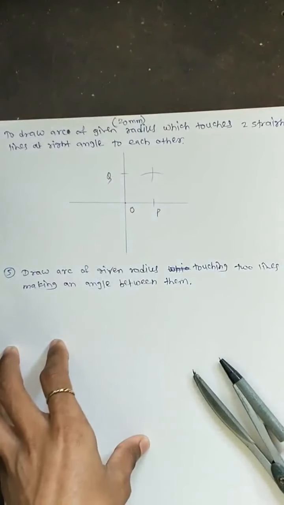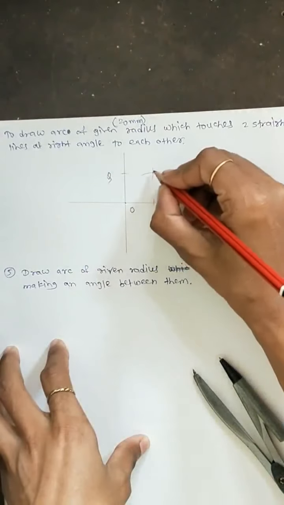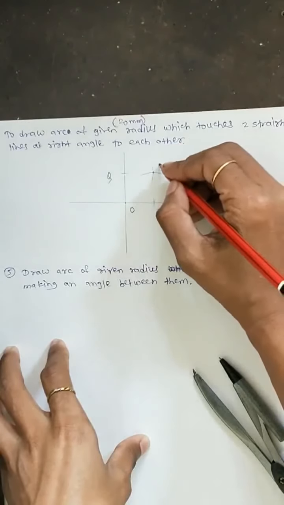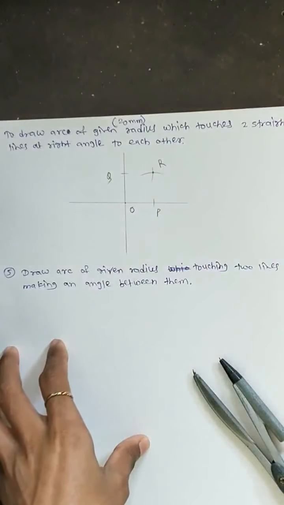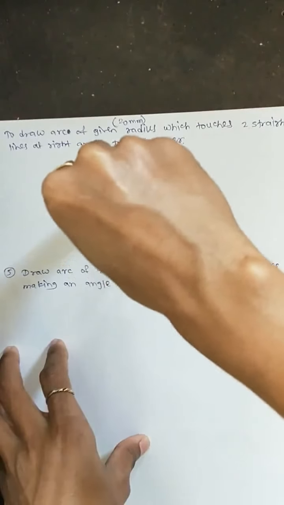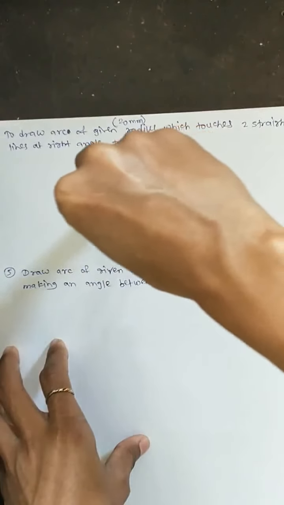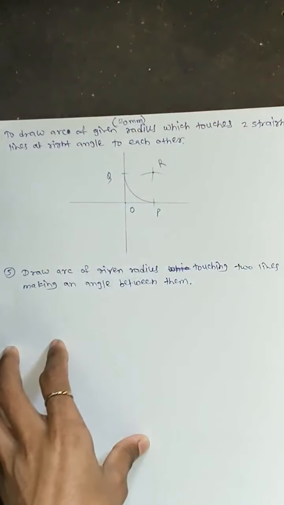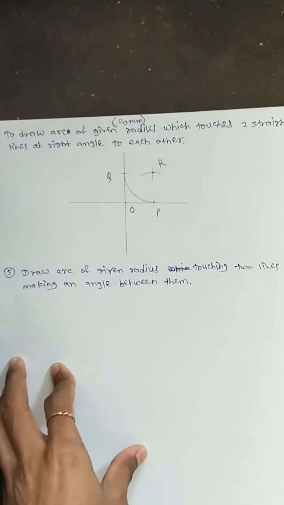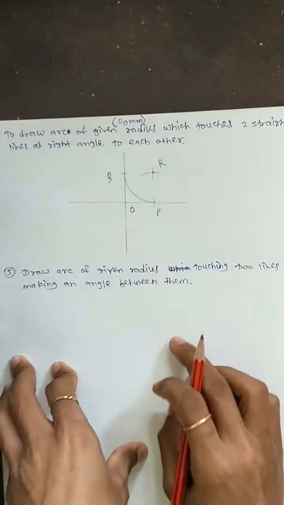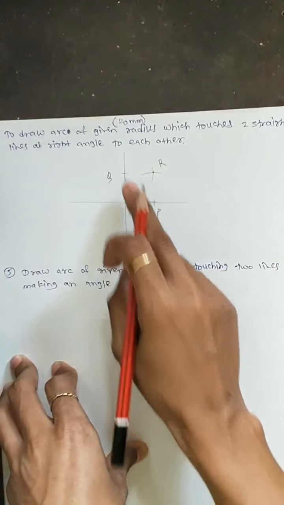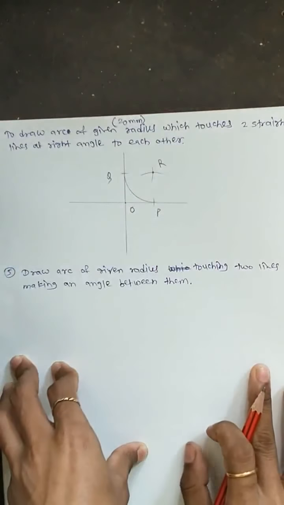So this point we have got, and give name to this point as point R. Now take R point as center and draw an arc which touches point P and Q. So in this way you can draw arc which touches two straight lines at right angles to each other.